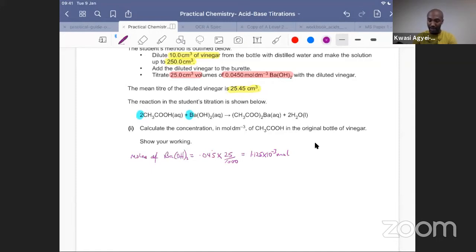Right, so what do we do with that? We need to look at the molar ratio. The molar ratio we've seen already is 2 to 1, which means for every mole of barium hydroxide you've got, you're going to react it with 2 moles of your ethanoic acid in your vinegar. So we can work out the moles of ethanoic acid in our 25.45 titer volume. It's very important to note that.